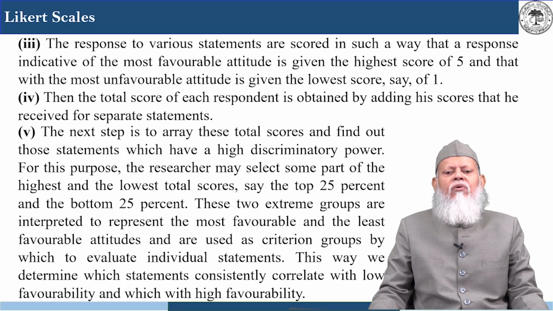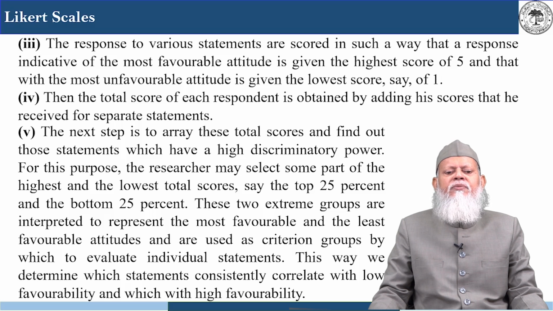Then the total score of each respondent is obtained by adding the scores that he received for separate statements. The next step is to array these total scores and find out those statements which have a high discriminatory power. For this purpose, the researcher may select some part of the highest and lowest total scores, say the top 25% and the bottom 25%.